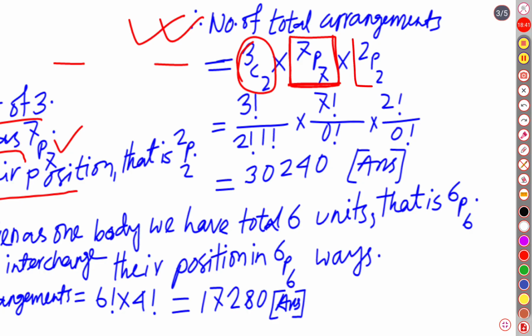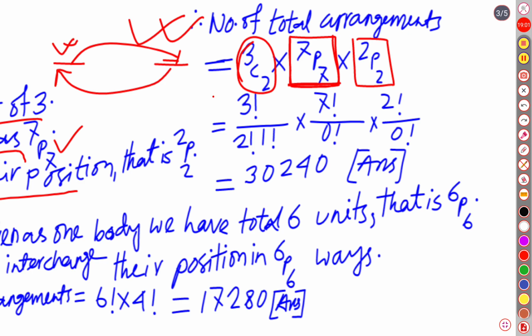Then what about the first and last 2 men? As I have already told, the first one can change its position to the last place, and the last one can come to the first place. So there is also an arrangement in 2 factorial ways.